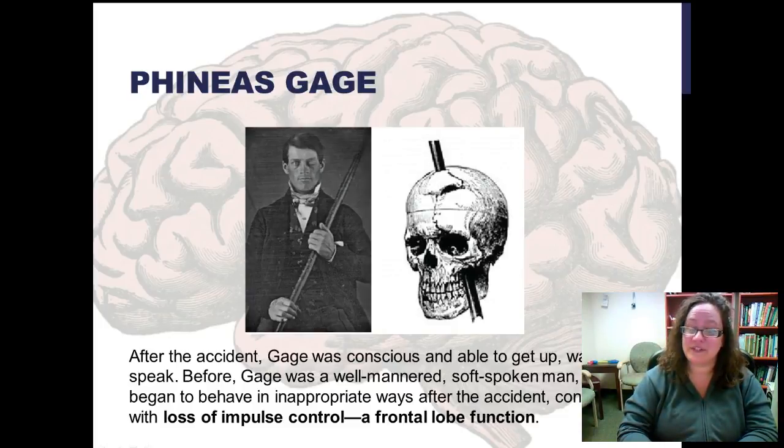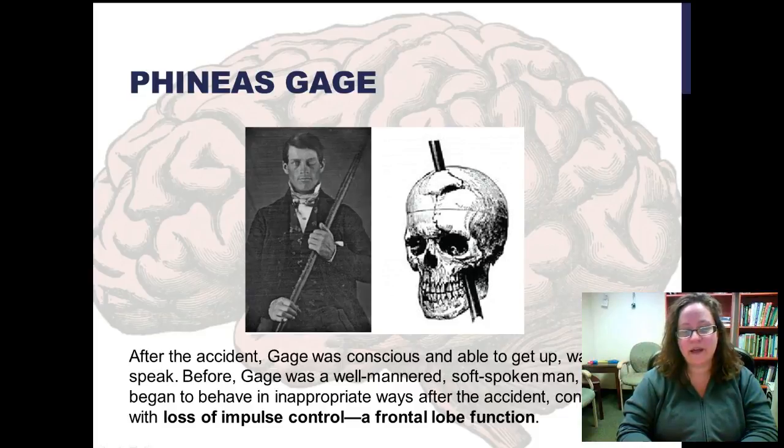Phineas Gage is one of those extreme examples. We've talked about him a little bit in class, but they've got him posed there with the iron rod that went through his head. He was a railroad worker, and he was laying these iron rods, and one actually did go up through his head in this depiction. It shows where that went through. What they were surprised about with Phineas Gage is how long he lived.